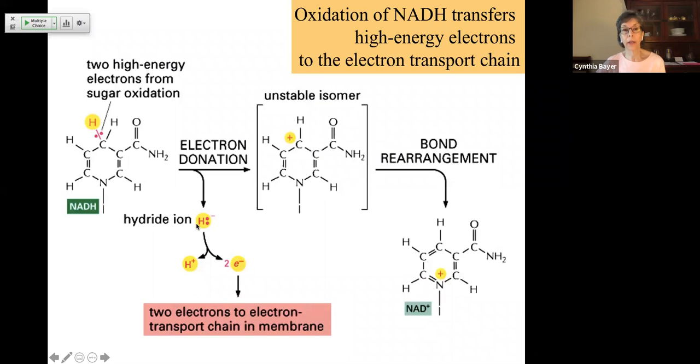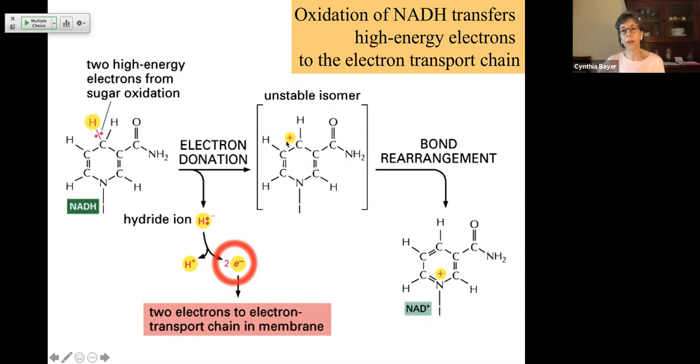That hydride ion removed from our NADH will then separate into a proton and 2 electrons that are transferred to the next component of the electron transport chain. Right? So our hydride ion removed from NADH results in the reduced form, NADH, being converted to the oxidized form of the electron carrier, NAD+. Notice that when the electrons are removed, we end up with a carbon that has a positive charge.